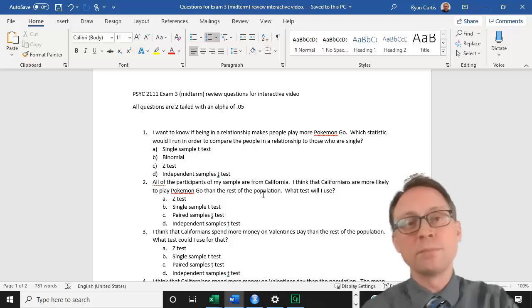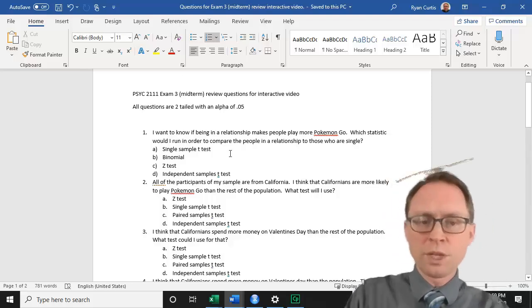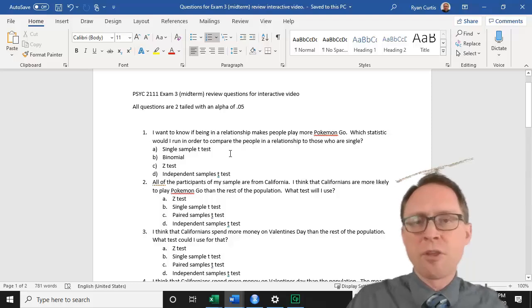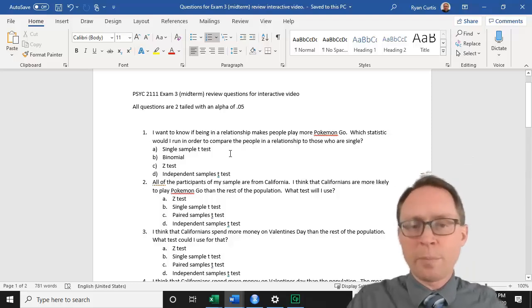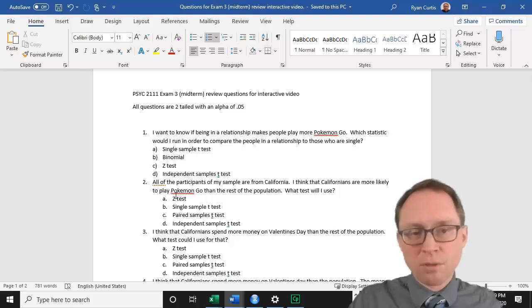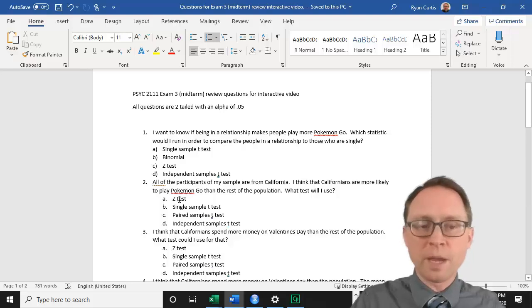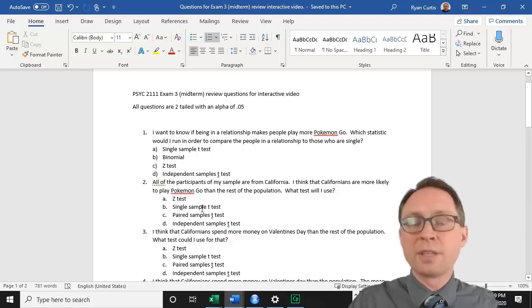Well, same problem. In this particular case, we do not have an indication of what the population is, right? And the outcome variable here is a categorical variable. So we could look at the whole population compared to things in a binomial, but I didn't give you binomial as an indication.